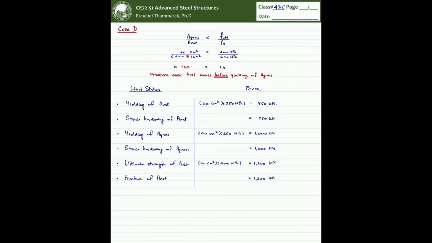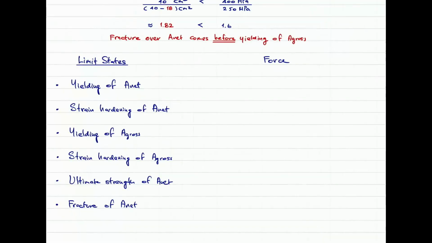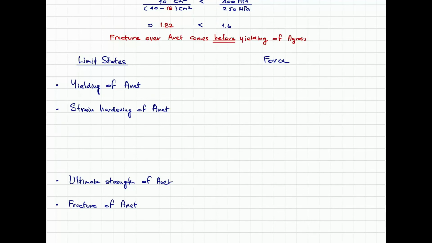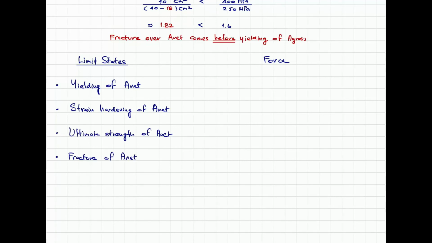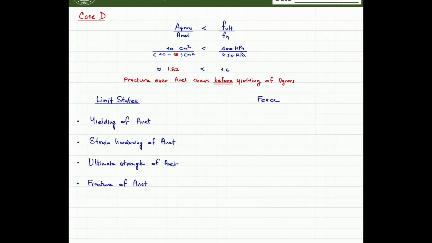Thus, the limits that we used to have previously are going to change. Yielding of A net, of course, it happened. Strain hardening of A net, of course it happened, but the gross is not going to be inelastic at all. That makes our member behave like this.